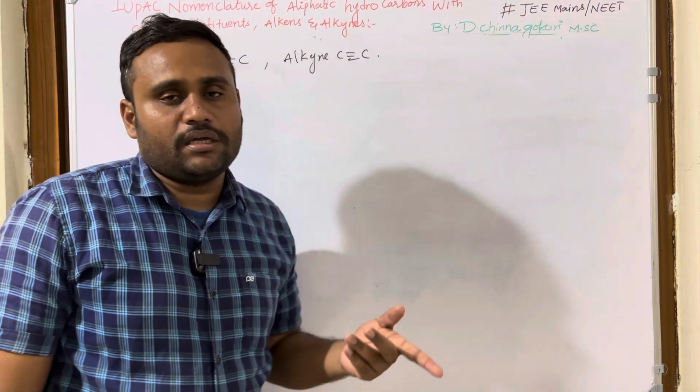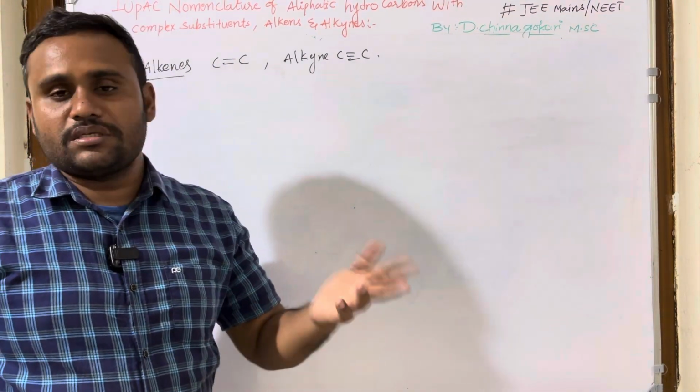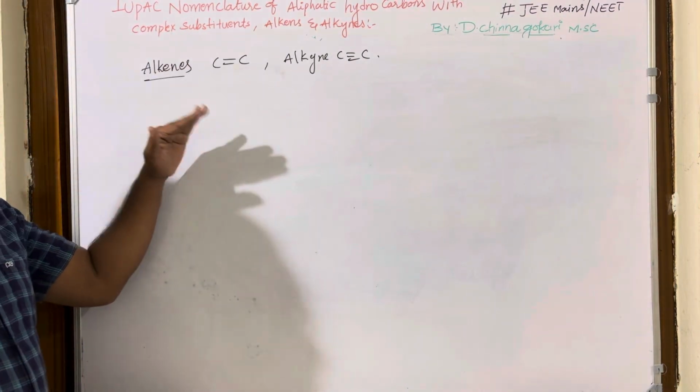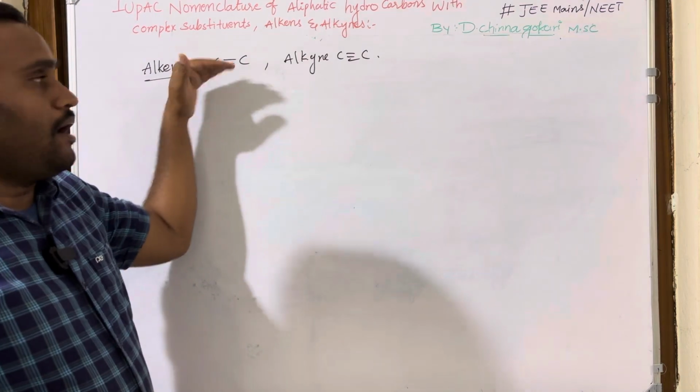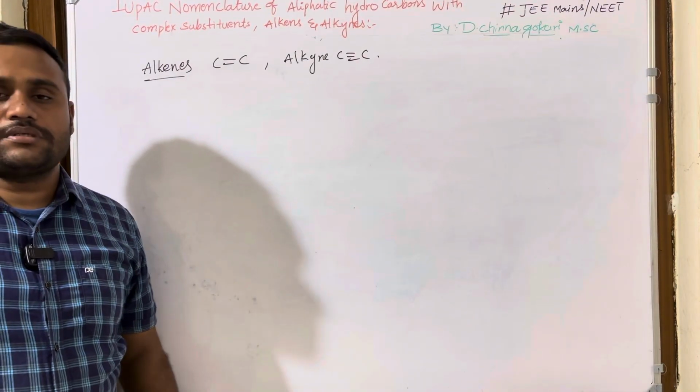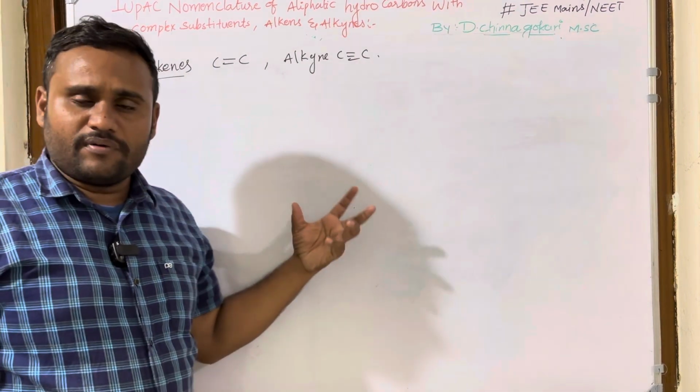What are the symmetric cases? In symmetric cases we go through the alphabetical order, meaning we give priority to alkenes compared to alkynes. While discussing examples we can get more clarity.